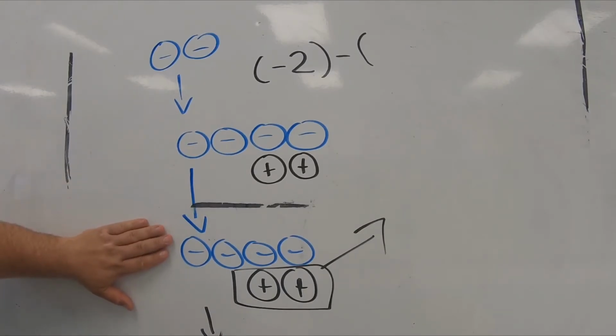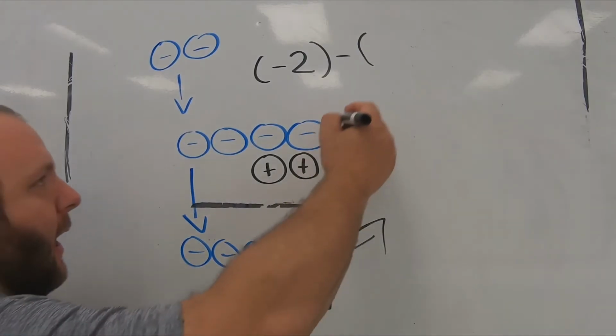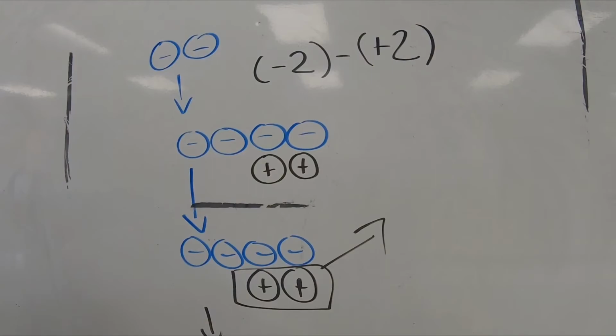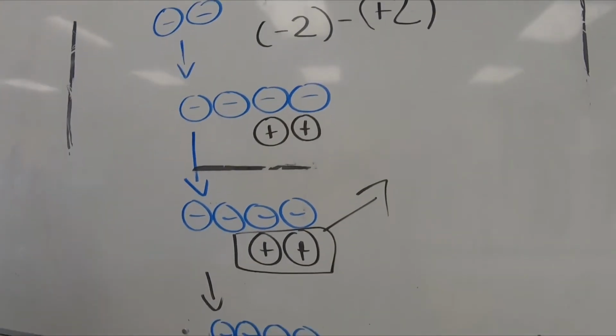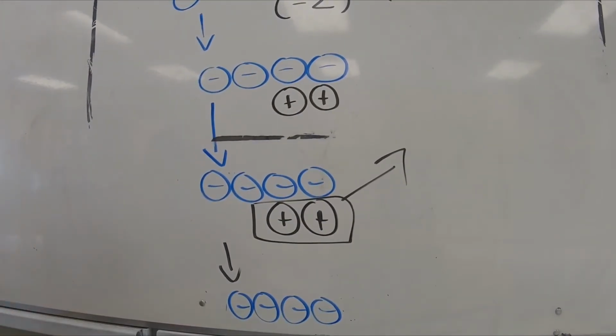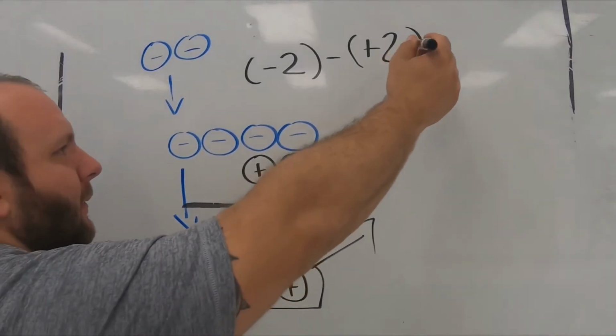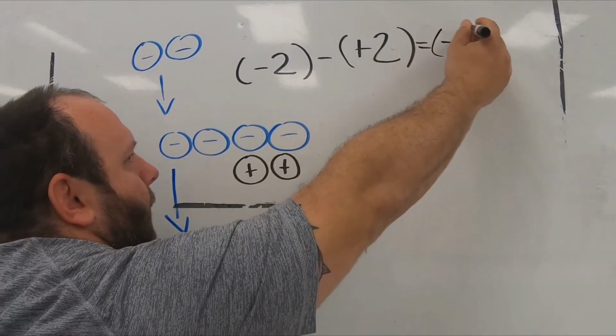Now I come back here and I remove those 2 zero pairs. And because I'm removing them, I'm removing 2 positive integers. And then at the very end, once that's done, I'm left with 4 negative integers, which means my answer was -4.